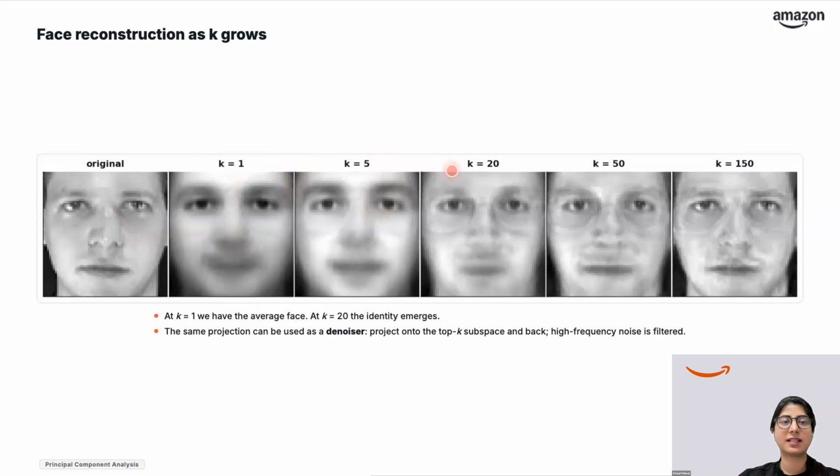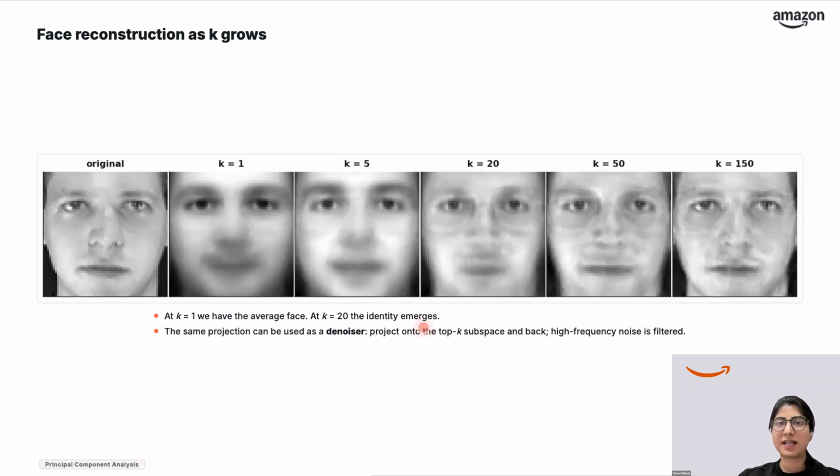But as we keep increasing the principal components, with even 50 or 150, we are able to see that the reconstruction is quite close to the original image, right? So it means that we don't need the full 64 cross 64 dimensional vector. With a small dimensional vector, we can reconstruct the image back, and that contains the maximum information about this data and the image.